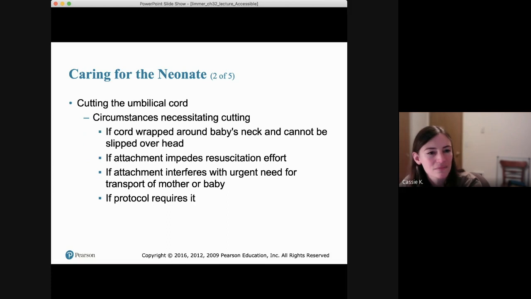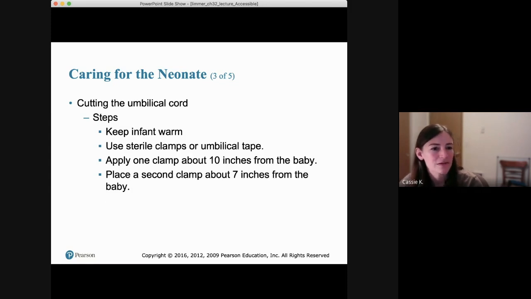Generally, we'll cut the umbilical cord probably about a minute after delivery. You may need to do it earlier if it's wrapped around the baby's neck and you can't slide it over. So we'll keep them warm.